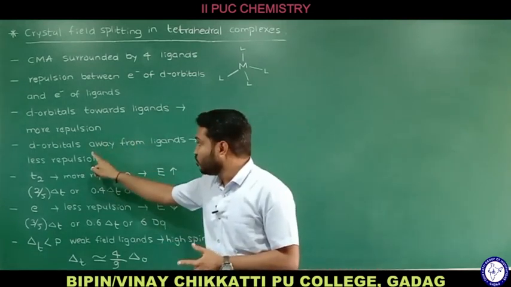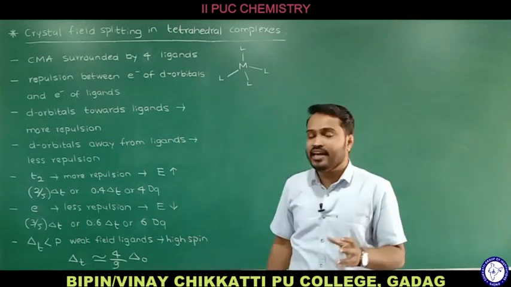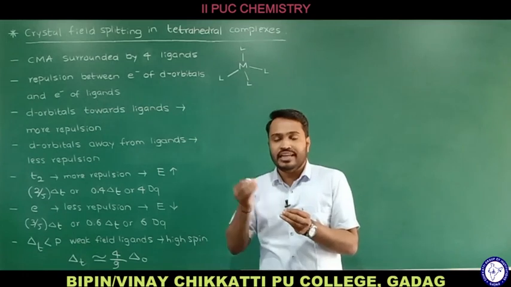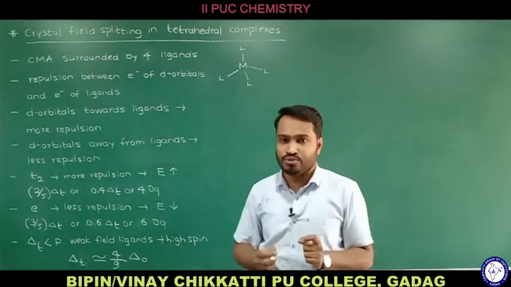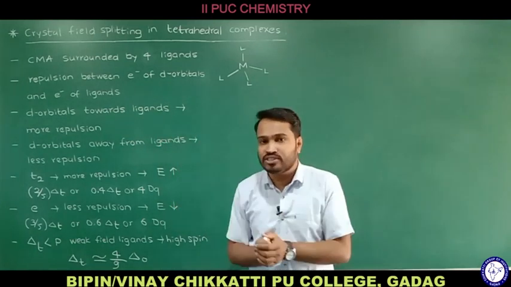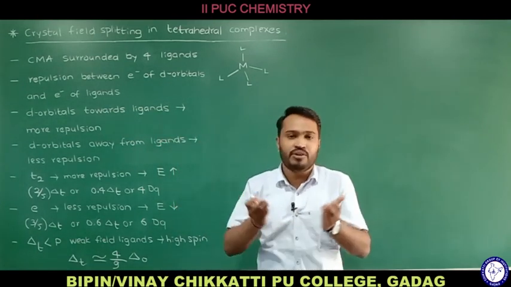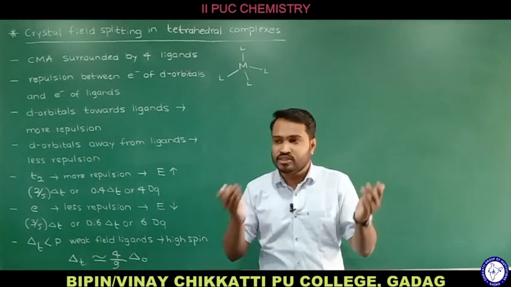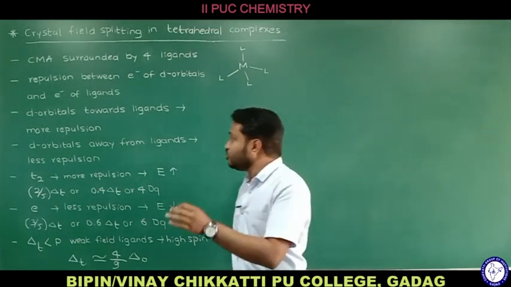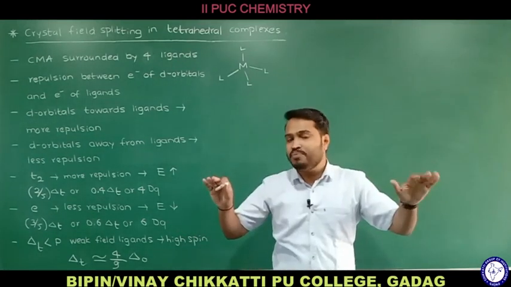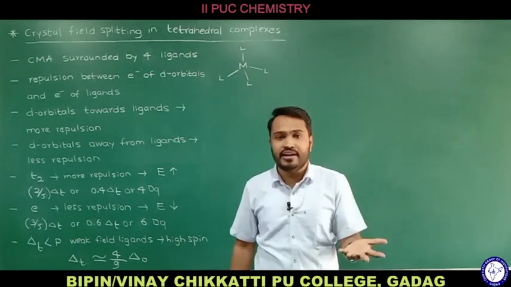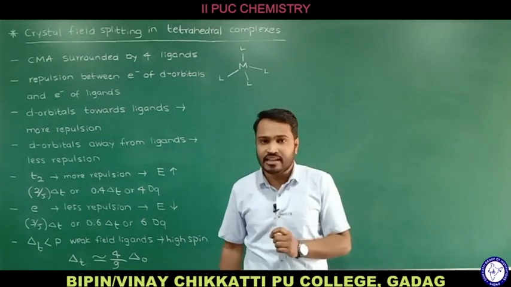If the d orbitals and ligands are towards each other, the distance is less, so repulsion is definitely greater, because both are negatively charged clouds. When they are away, repulsion is minimized. That is the main concept from which we identify which has more and which has less repulsion.